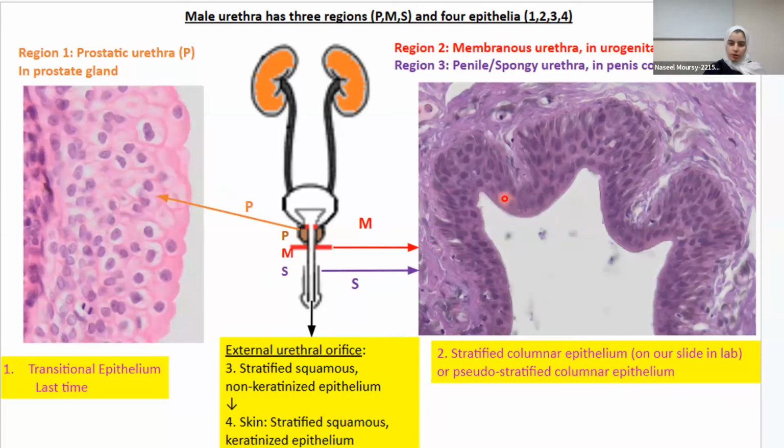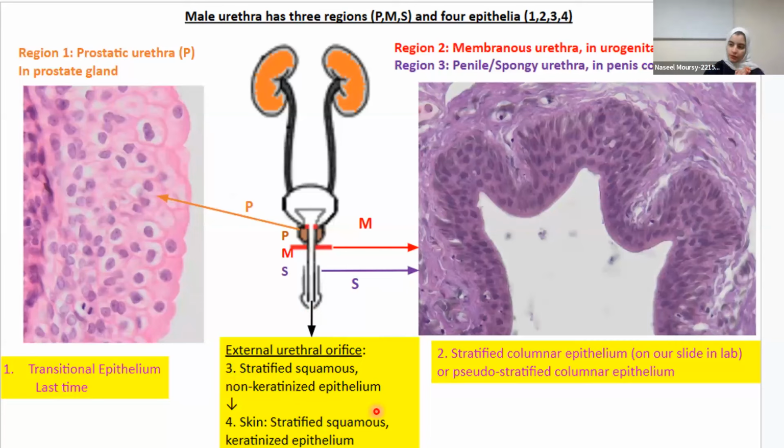Now, obviously the urethra ends as the external urethral orifice, or meatus. So we're going all the way from transitional to stratified columnar epithelium, and then because we're going towards the outside, towards the skin, the epithelium is going to start to look more like skin. What do we mean by that? Go to number 3 here. It says stratified squamous, non-keratinized epithelium.